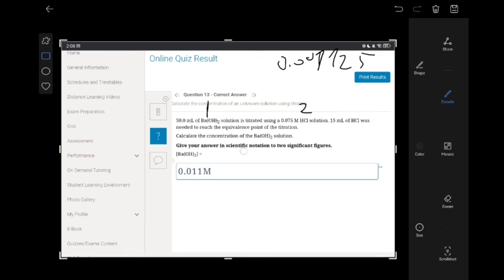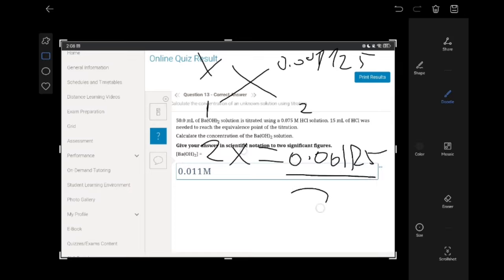Now think about it like this. If 1 gives you 2, then how much gives you the 0.001125? Cross multiply. You get 2x equals 0.001125. Divide both of them by 2.